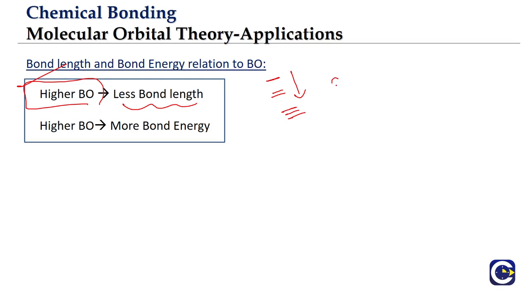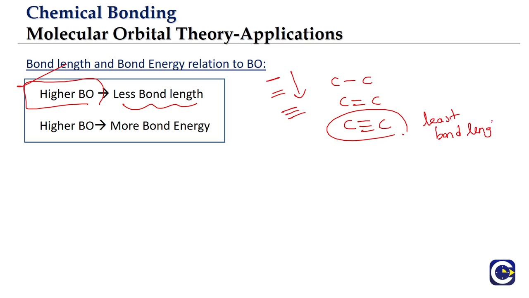So you will see that if you have a carbon-carbon single bond, carbon-carbon double bond, carbon-carbon triple bond, the carbon-carbon triple bond will have the least bond length. Whenever we want to compare the bond length to the bond order, wherever the bond order is high, the corresponding bond length will be least. And when the bond order is high, the amount of energy required to break the bond also will be more.